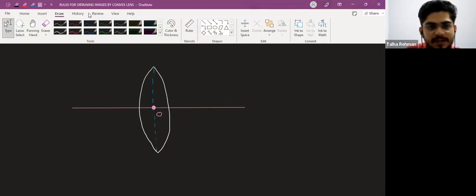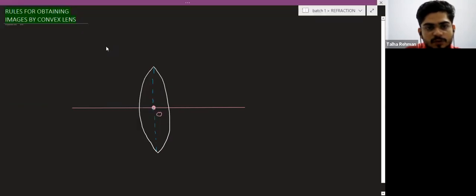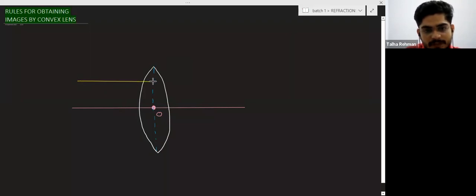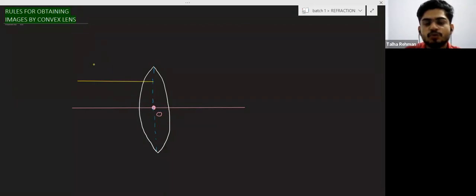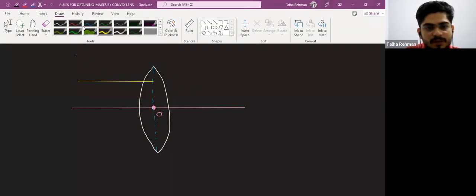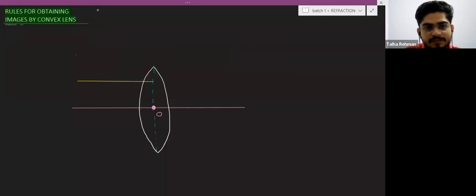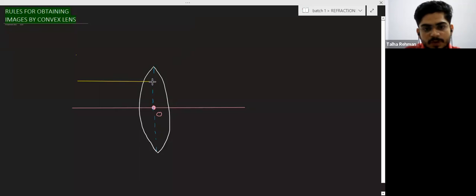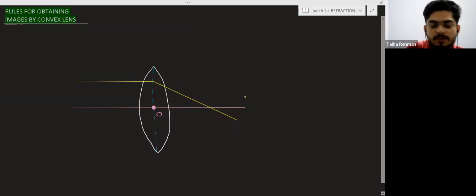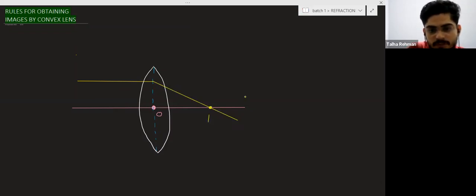Suppose a light ray is coming towards this lens like this, means this light ray is parallel to the principal axis. So what will happen in case of a convex lens? Maybe you already know, this light ray will pass through a point called the focus.